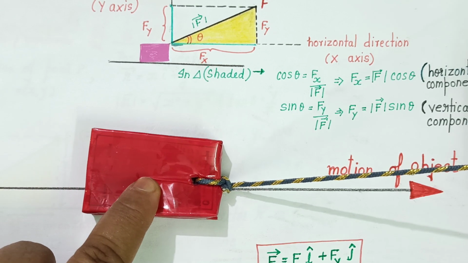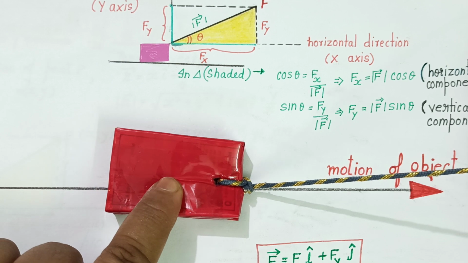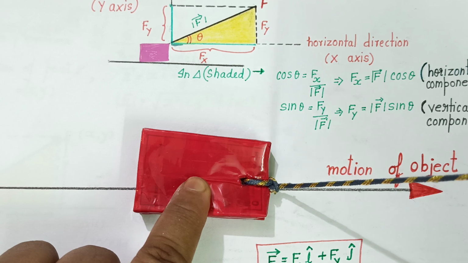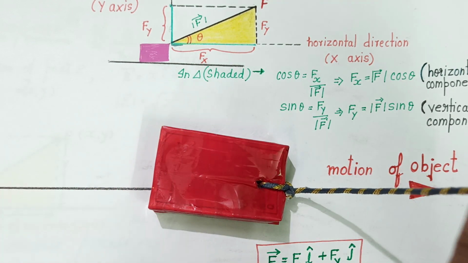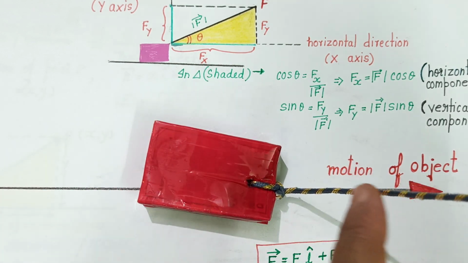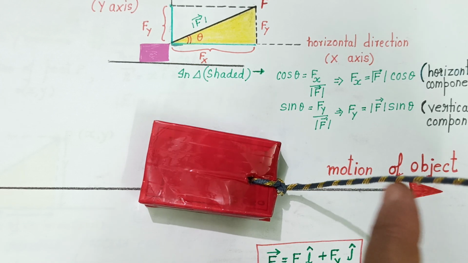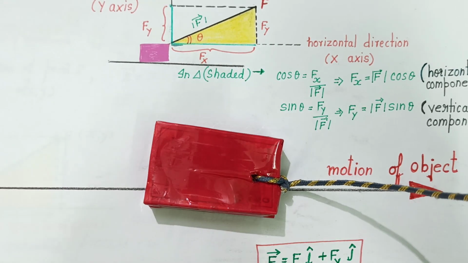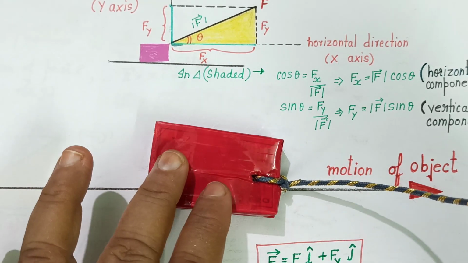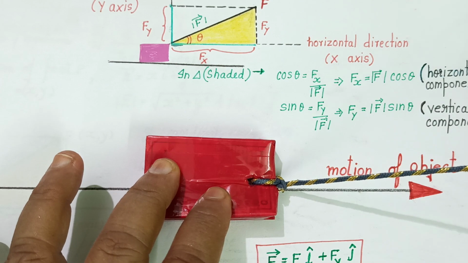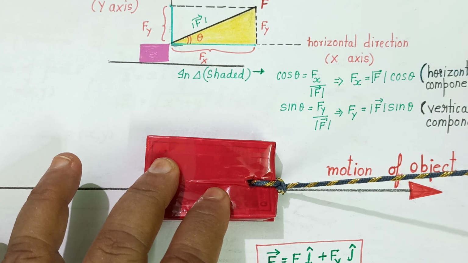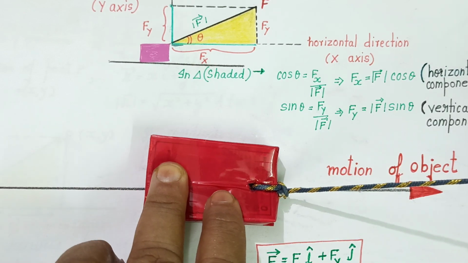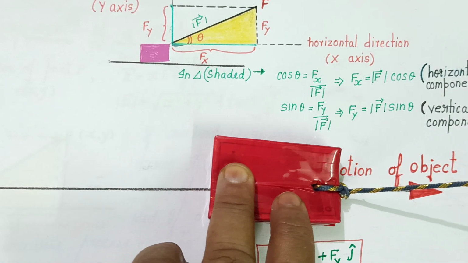I am pulling the matchbox along the length of the thread, so my force is applied along the length of this thread. Are you getting this point? And this object is moving.